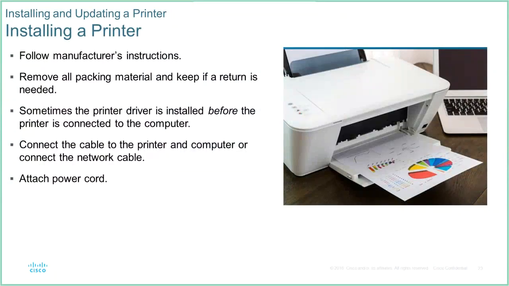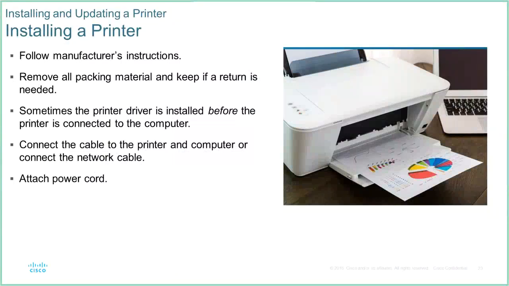So, how to install a printer? It's pretty straightforward. You unbox it, take all the safety tabs off, and install your cartridges and so forth via whatever instructions come with that particular one. You connect the cable, if it's a wired printer, to your computer or your network, depending on whether it's an enterprise machine or not.